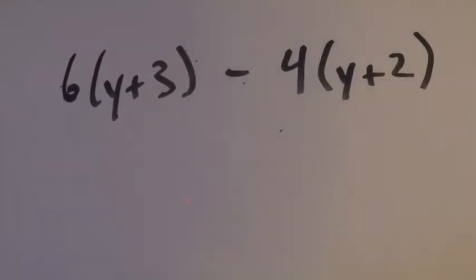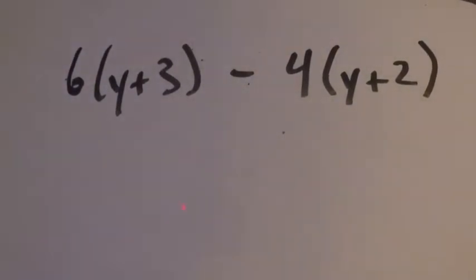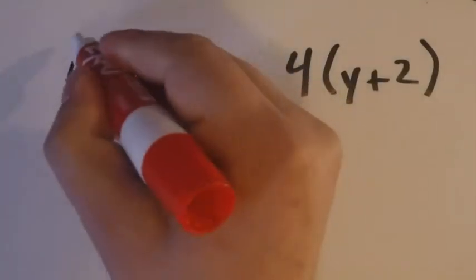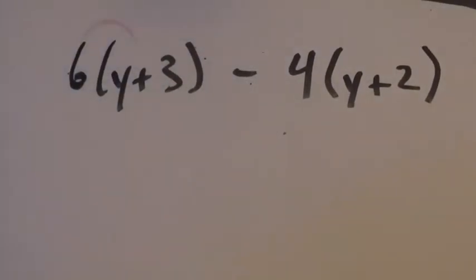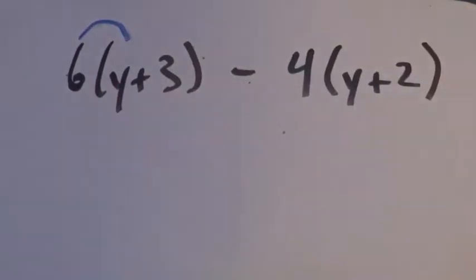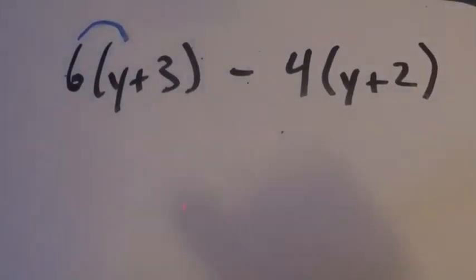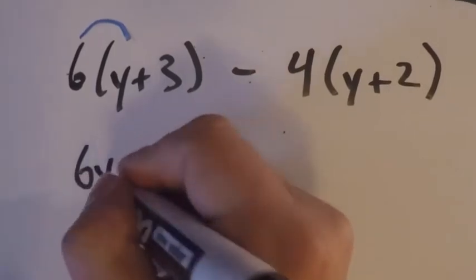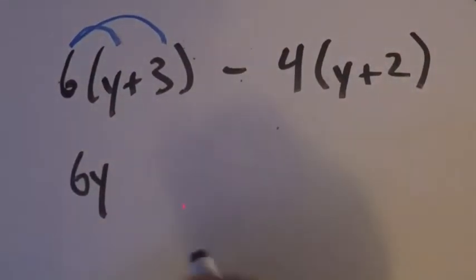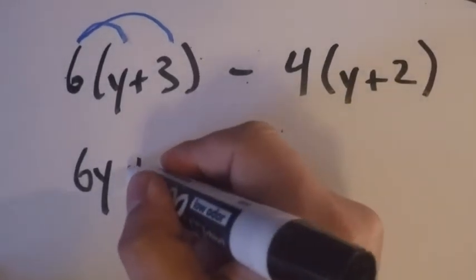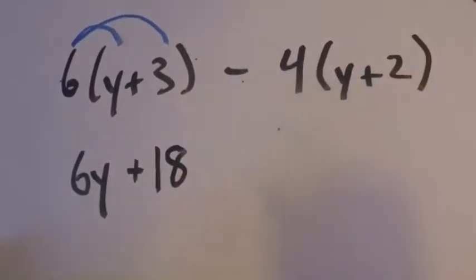To start with the distributive property, we're going to distribute our 6 to each of the terms inside of the parentheses here. So we're going to have 6 multiplied by y, which gives us 6y, and then 6 multiplied by 3 gives us plus 18.